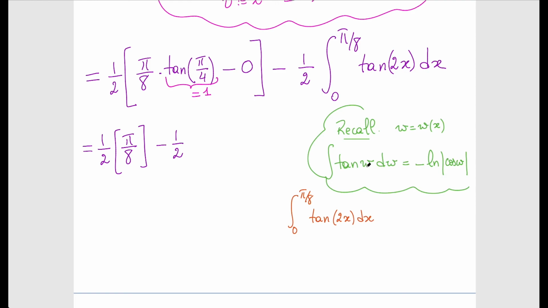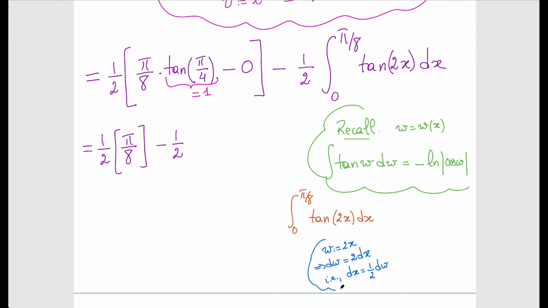So apparently the w is going to be the 2x, right? If you take w to be the 2x, then dw is going to be 2 dx, which means dx is half dw.